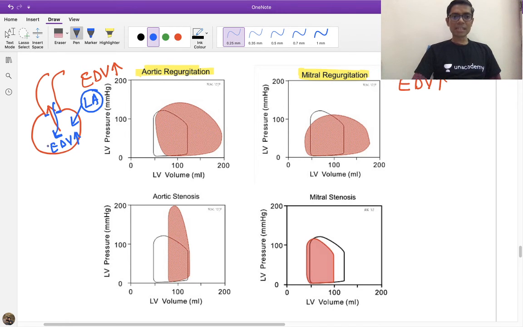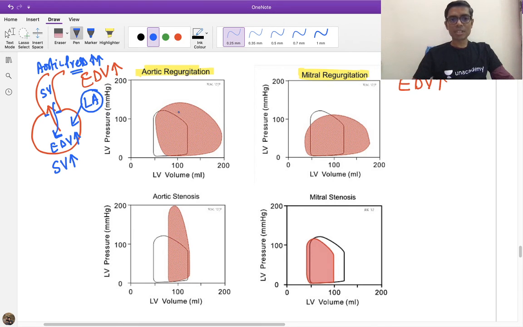Now if end diastolic volume is high, in the next phase the stroke volume will also be higher. If the stroke volume is higher, what will happen to the aortic pressure? Aortic pressure will be higher. That's why aortic regurgitation also has high systolic blood pressure. Because of this high systolic blood pressure, the afterload is high.